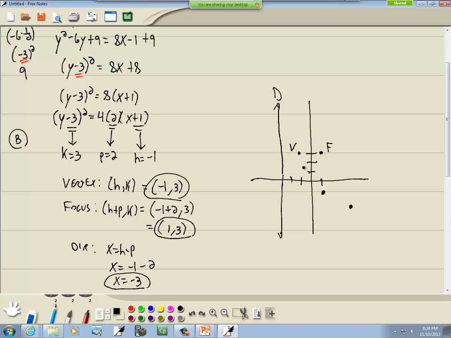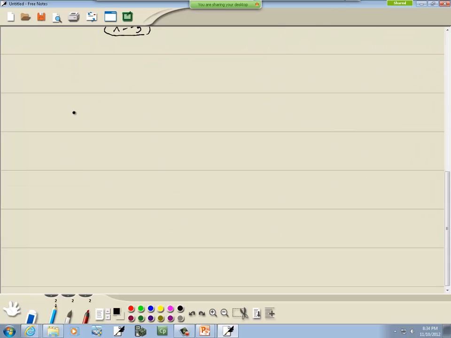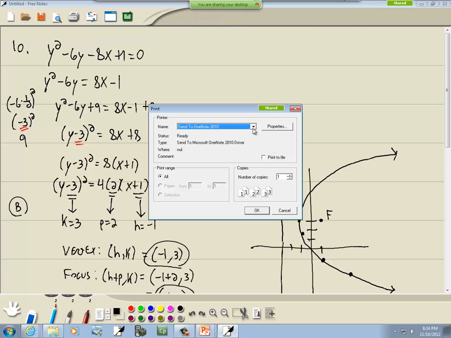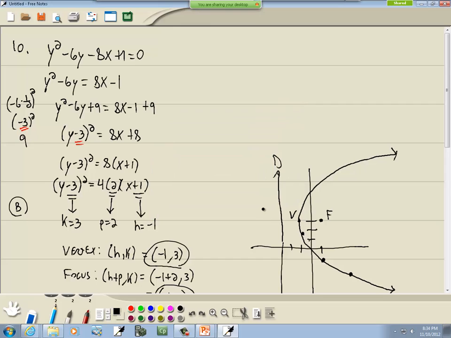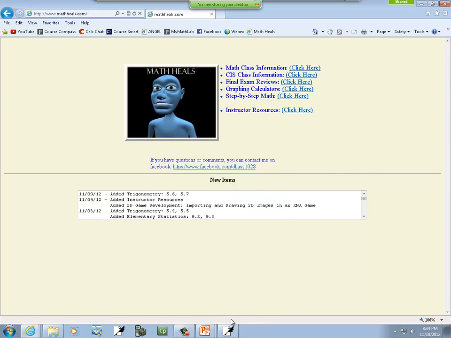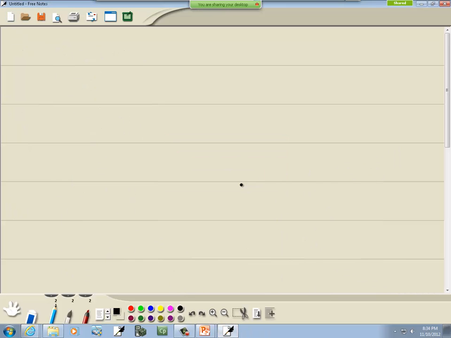Let's see down here though. There we go. And then by symmetry, I'll have that. Okay, I probably don't have room for the next one, so let me save this. And then we'll look at our last problem.